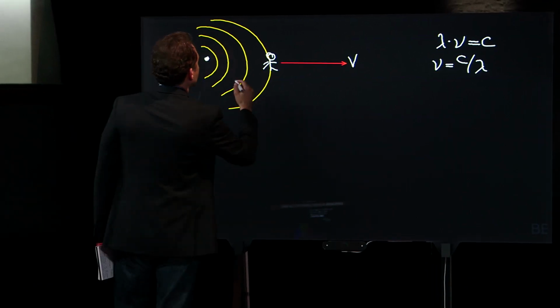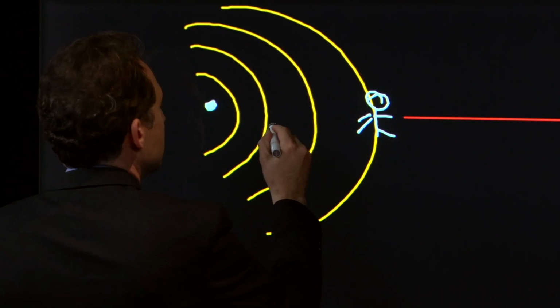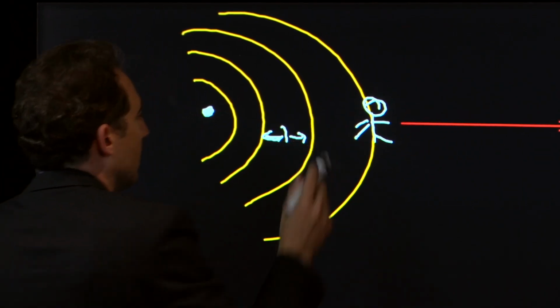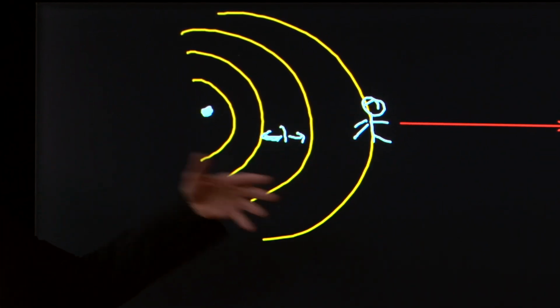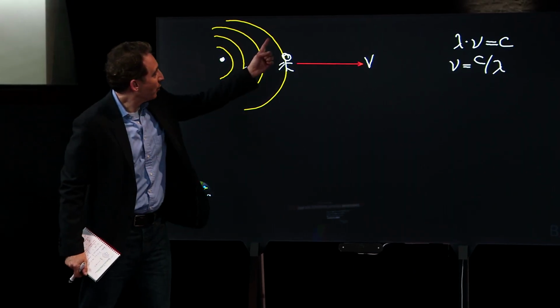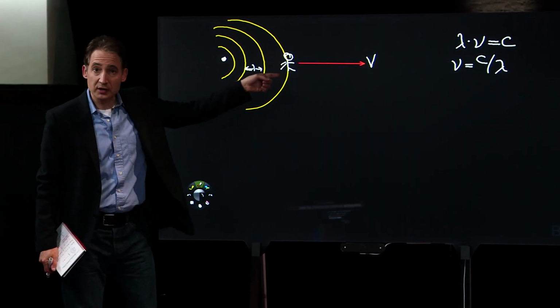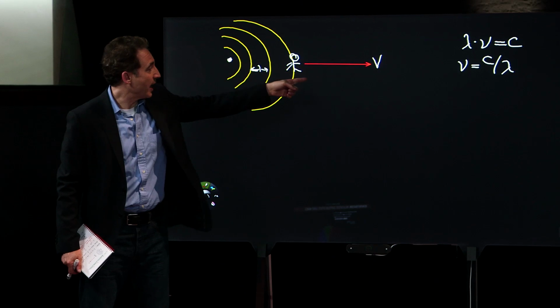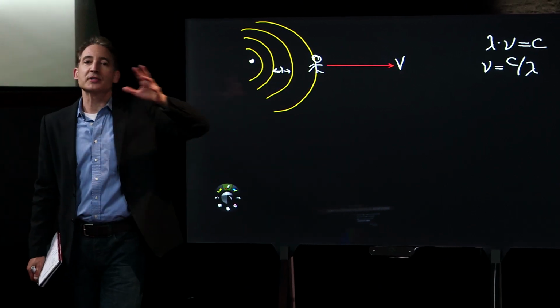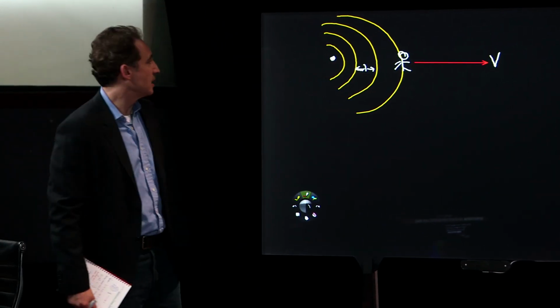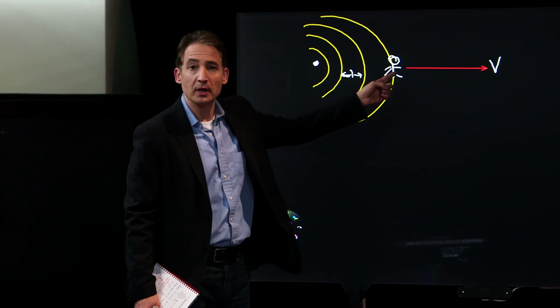And lambda, of course, if we want to draw it in the picture, is the distance between these wave crests. So let's imagine that one of these wave crests has just hit you. You're moving away. You want to know how long it will take for the next crest to hit you.